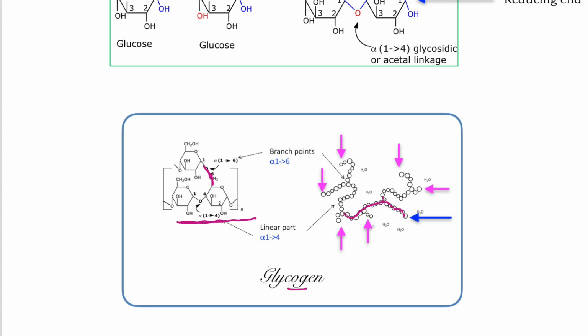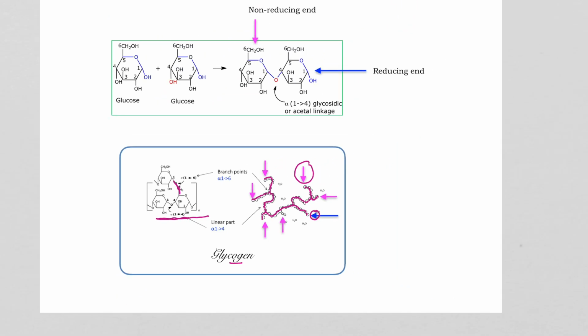Okay, and suddenly a branch coming out, and you get another branch, and then continue joining, and so on. You can see branches coming out, joining alpha 1, 4, and then branch, joining. Okay, so if you look at the structure of glycogen, there is a reducing end, but there are many non-reducing ends.